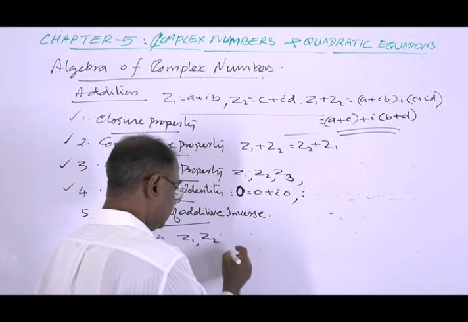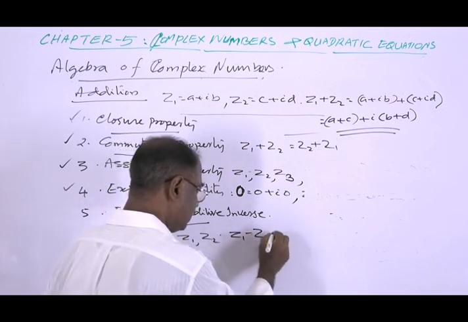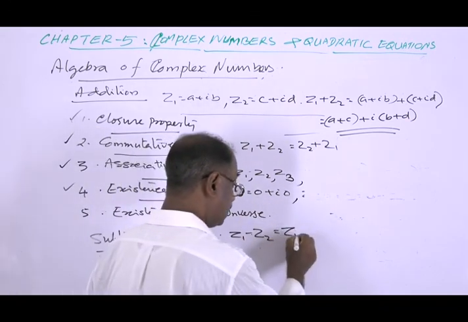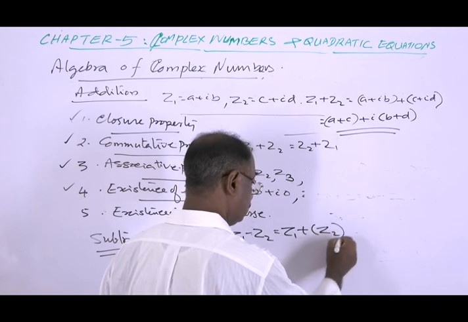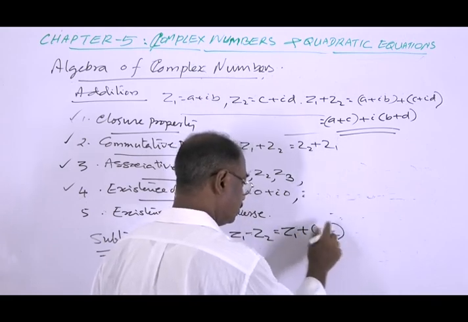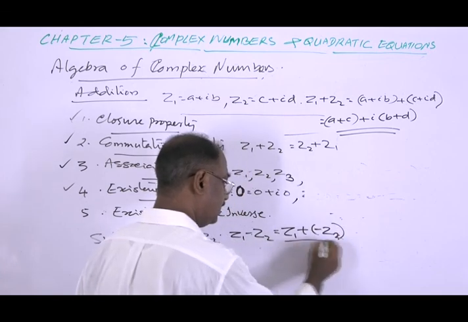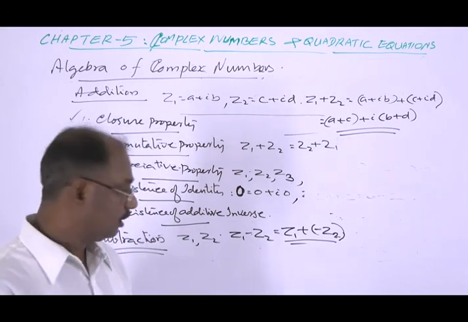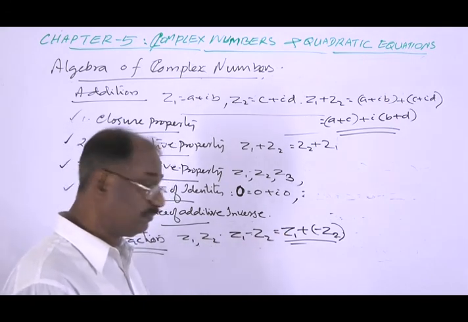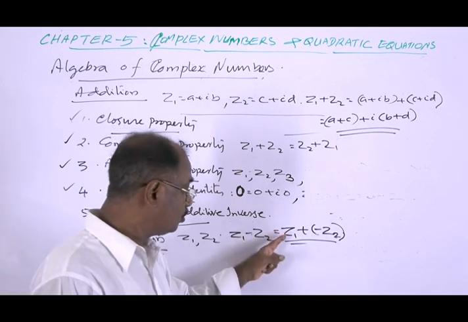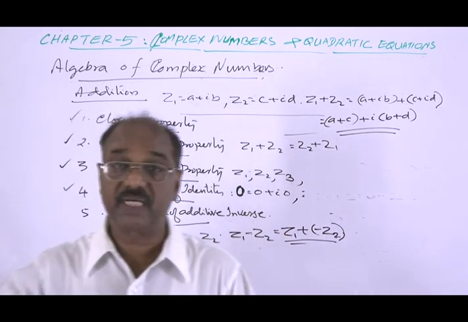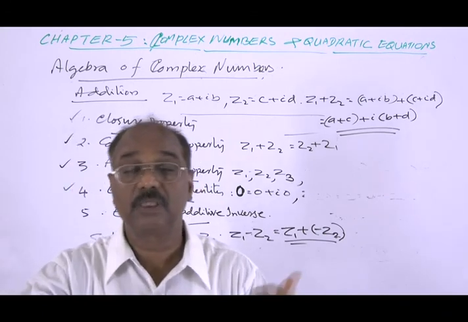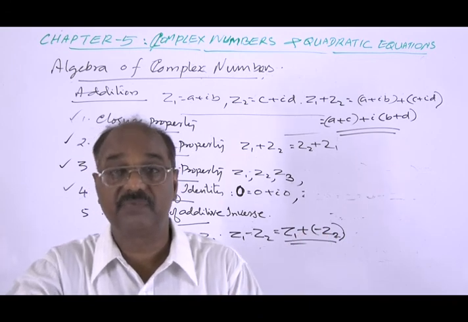Then the subtraction, the difference Z1 minus Z2, is defined as Z1 plus minus Z2. So to subtract Z2 from Z1, we add minus Z2 to Z1. The difference is defined in terms of the operation addition. So this is the way in which the subtraction is defined.